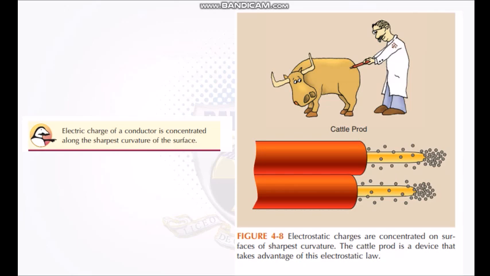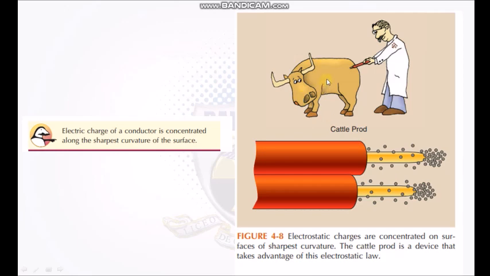The electrons are concentrated on the sharpest curvature, because when the prongs of the cathode rod come in contact with the cow, these electrons will be transferred towards the cow, which will electrify the cow. Too much electron ang ma-receive ni cow.